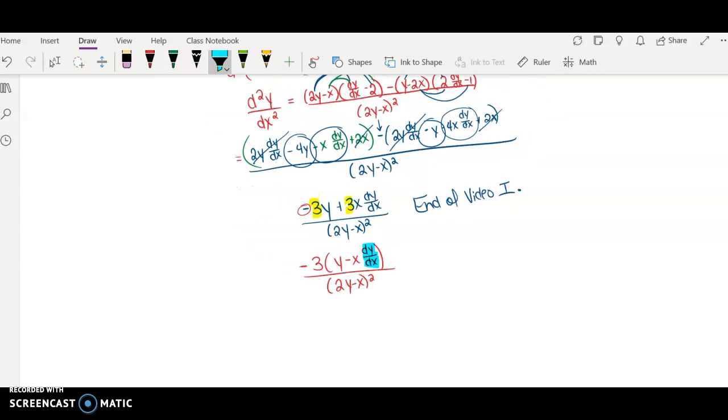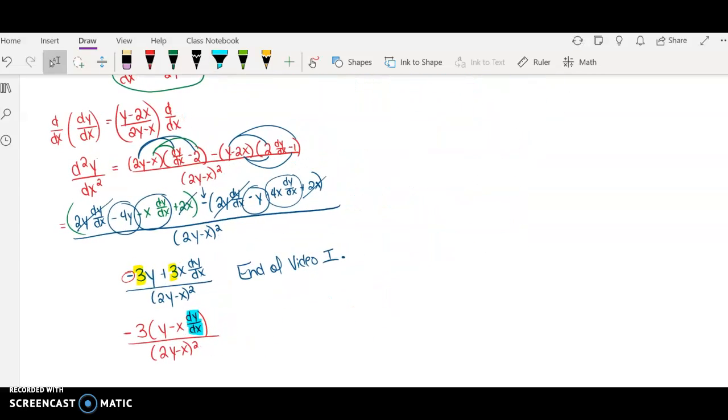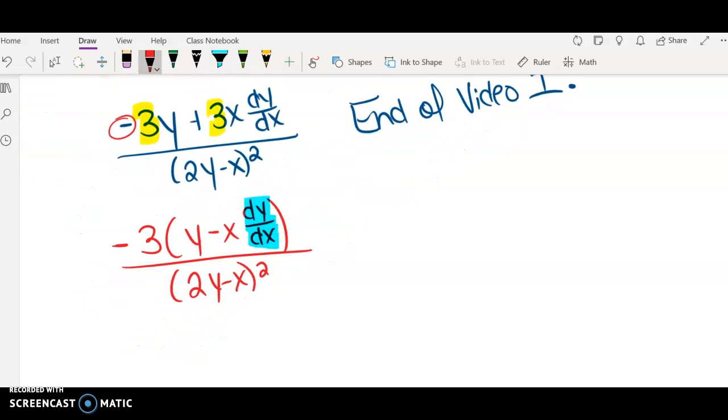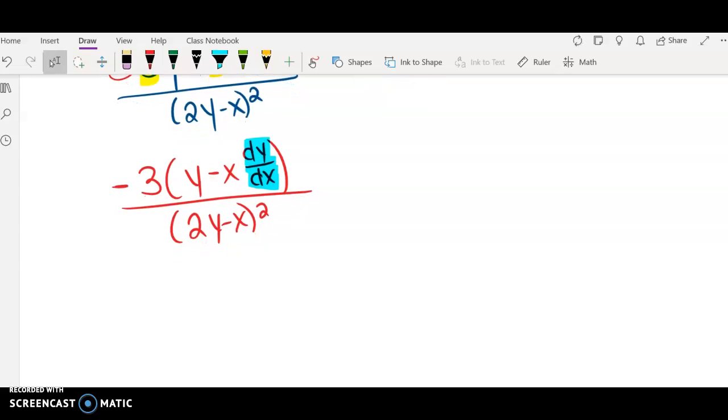So what I'm going to do is go up here where I have dy over dx is equal to that, and substitute into that equation what we found dy over dx to be. That's going to give us a new expression.